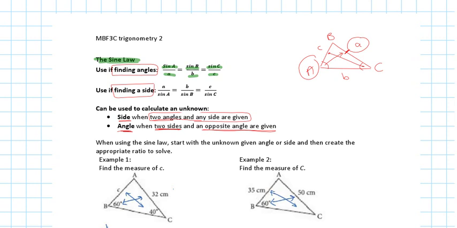So for this case, if I give you side A and I give you side C, I must give you either angle C, because that's an opposite angle, or angle A. Let's say if I give you angle A, then you can look for angle C. So if I give you two sides, I must give you one of the opposite angles to these sides. Otherwise, you can't use the sine law.